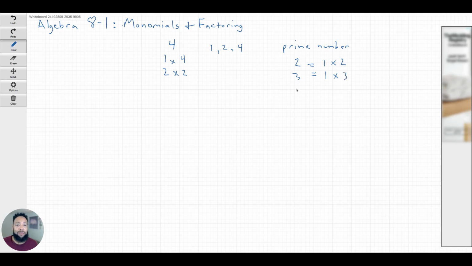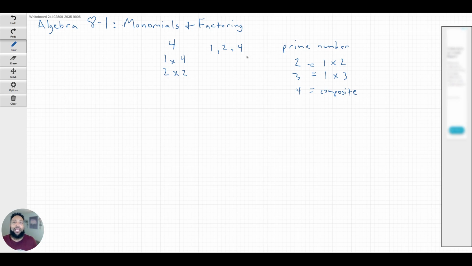Now, when you get to 4, like I said, you have 1, 2, and 4. So 4 is not a prime number. It would be considered a composite number. So a prime number is a number that can only be factored by 1 and itself. A composite number is a number that can be factored by more than just that.